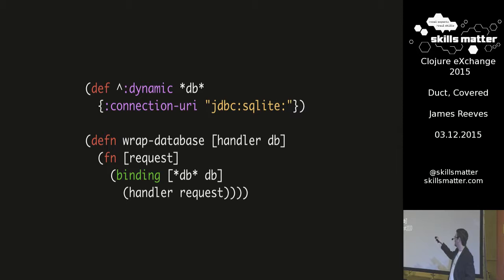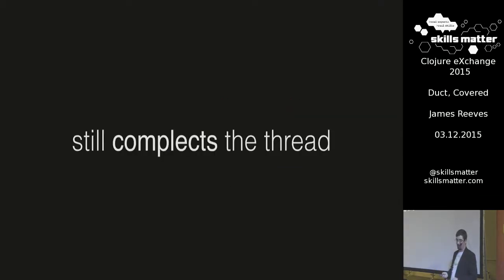So this limits the complexity somewhat because it's not accessed by every single function, but only functions called by the handler within that binding, within the particular thread. But it's still complex to thread, right? So we've reduced it from complecting everything to just complecting everything in the thread. It's a little bit better, but not great.